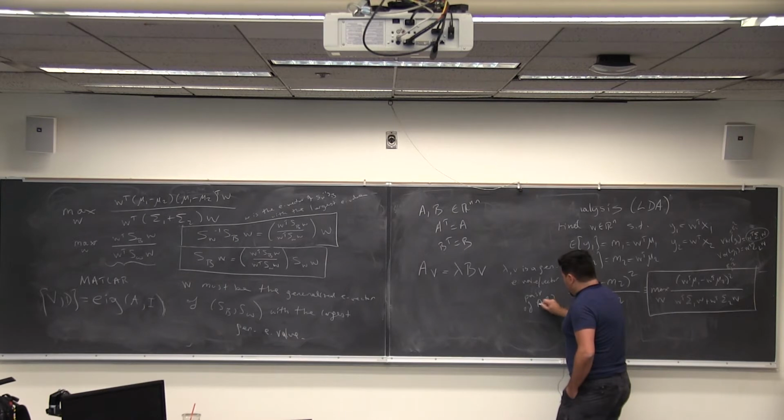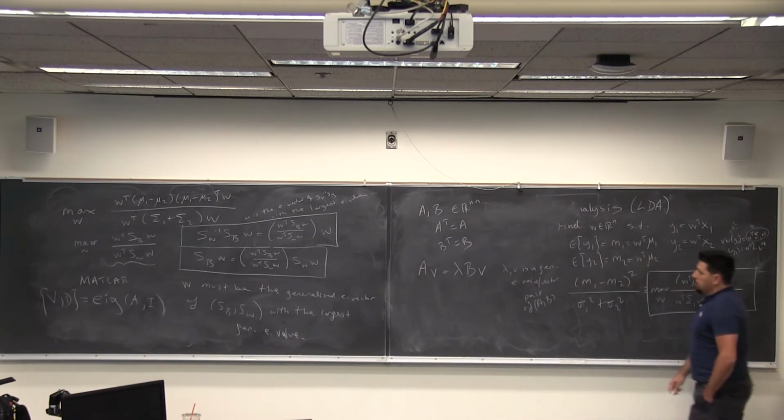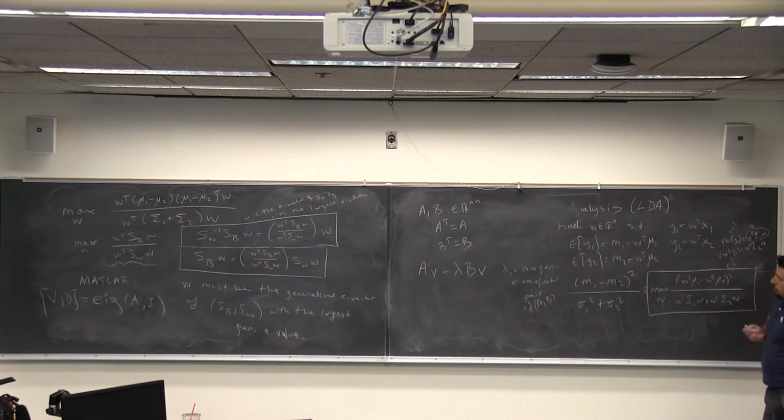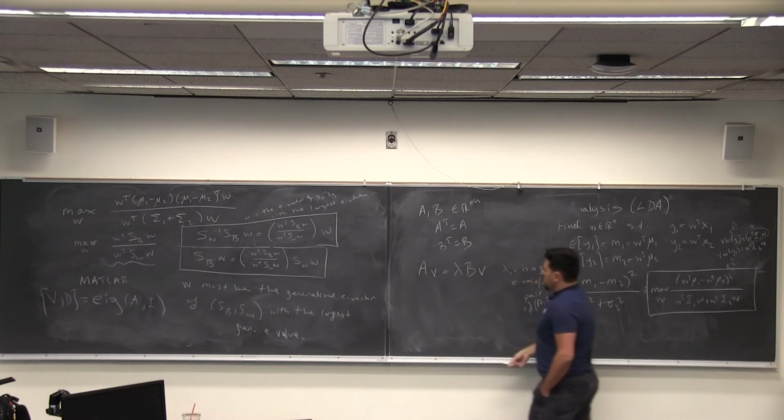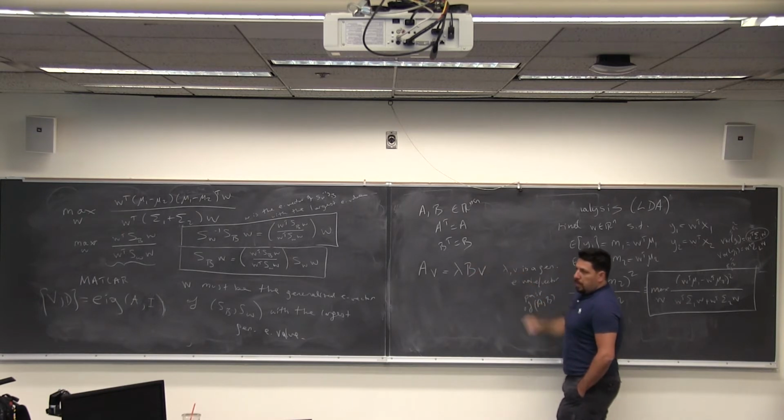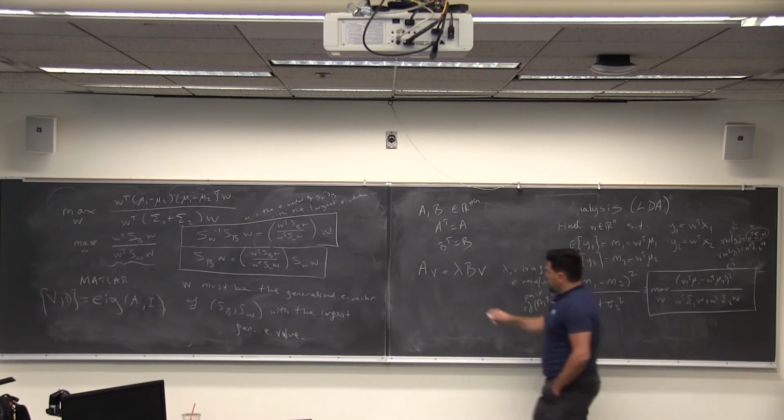of this pair of matrices A, B. When these are n by n symmetric matrices, there are n of those pairs.